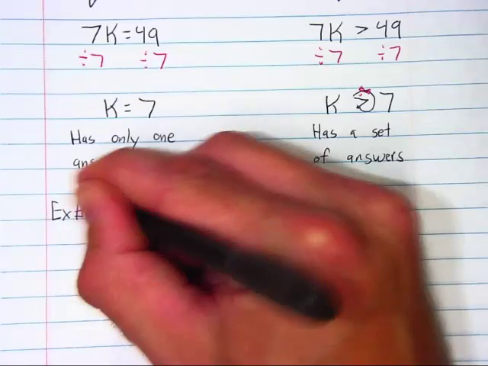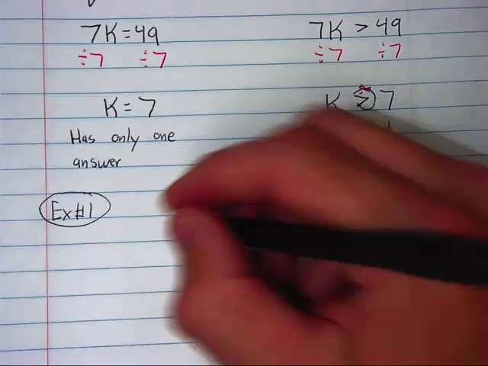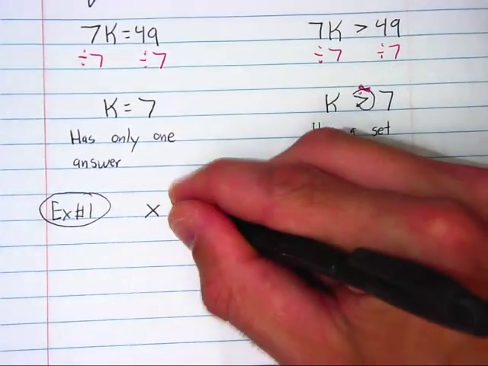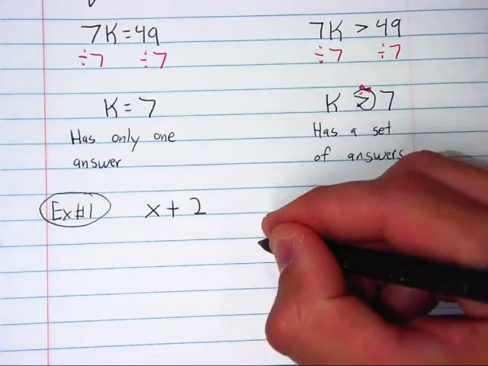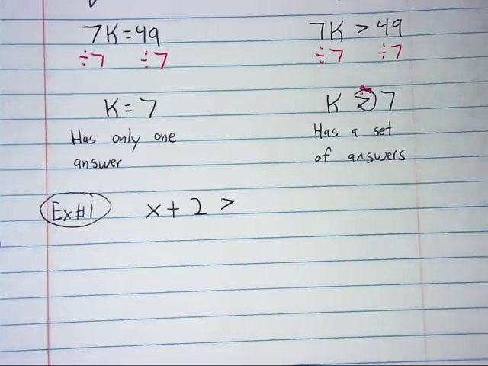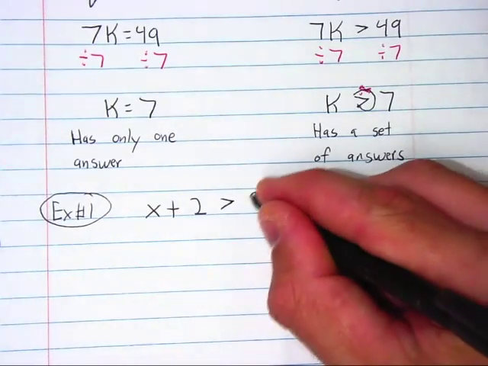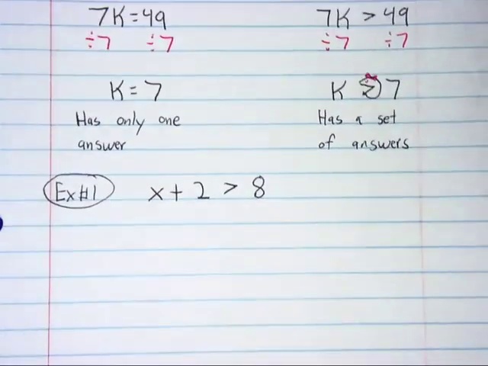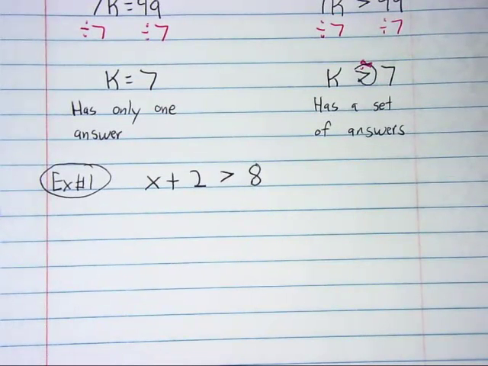Okay, let's try one. So example numero uno. X plus 2 is greater than 8. So what will we do to solve this? What are we going to have to do to solve this?